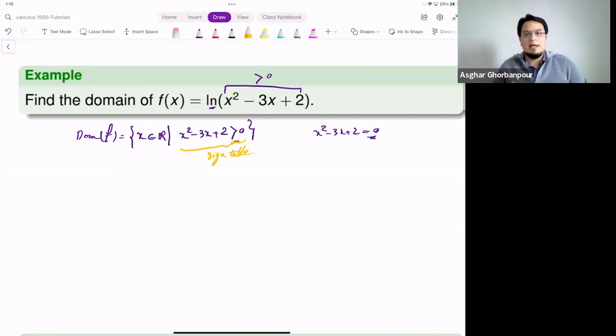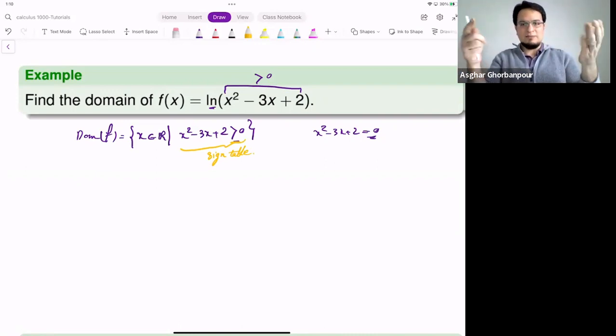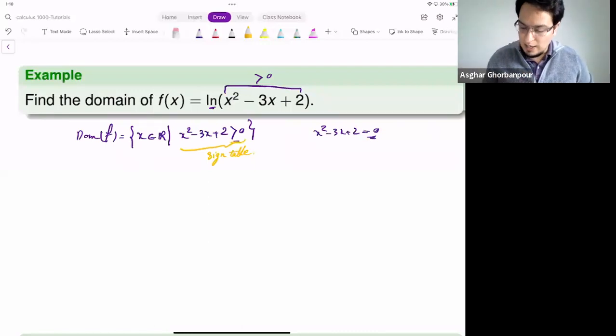That's why solving that is equivalent to finding a sign table. But a sign table always starts with setting it equal to 0. Sign means either positive or negative. There is one thing in the middle, which is 0. So let's first find the 0. That's why you first find the roots of this.